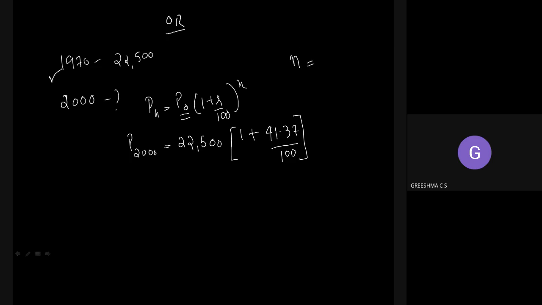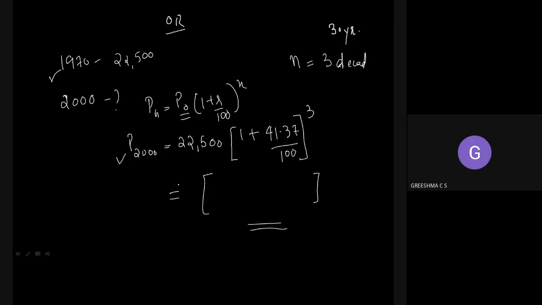Between 1970 and 2000 is 30 years, which is 3 decades. So n is 3. If you substitute it, you will get approximately 63,570. You can find out the population like this also.